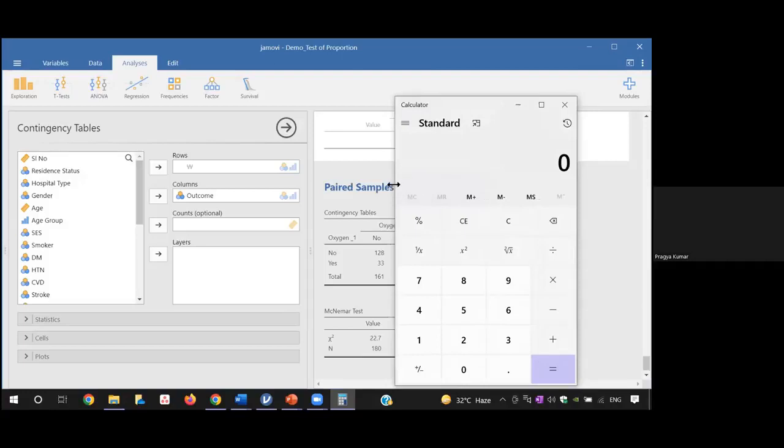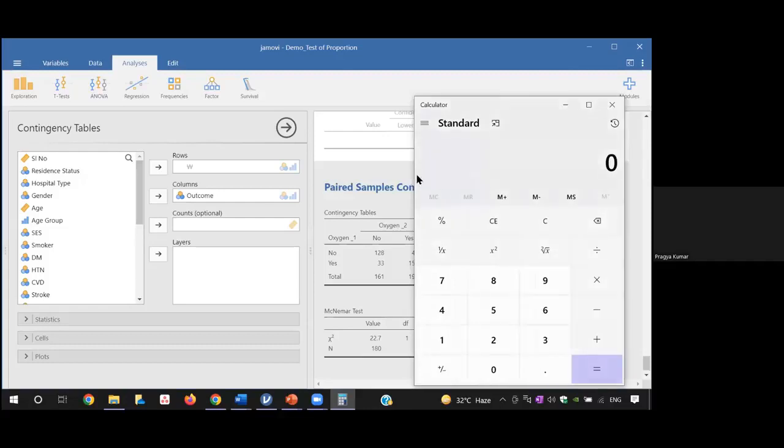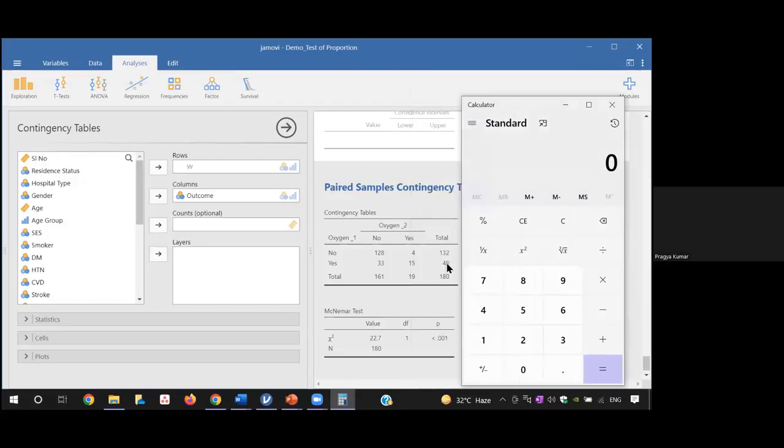This you can see, if I see the marginal proportion, the total number of individuals were 48. So 48 were people who were requiring oxygen at the time of admission. So 48 divided by 180. So a total of 26.6% of the individuals were requiring the oxygen at the time of admission.